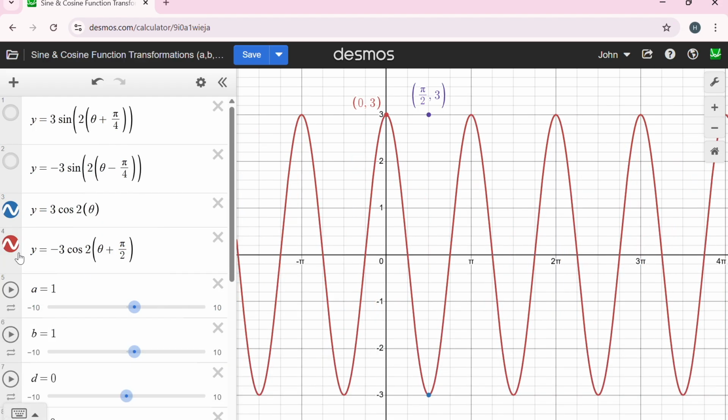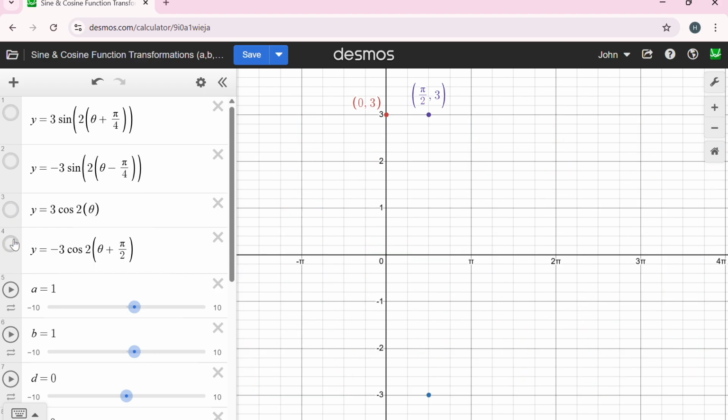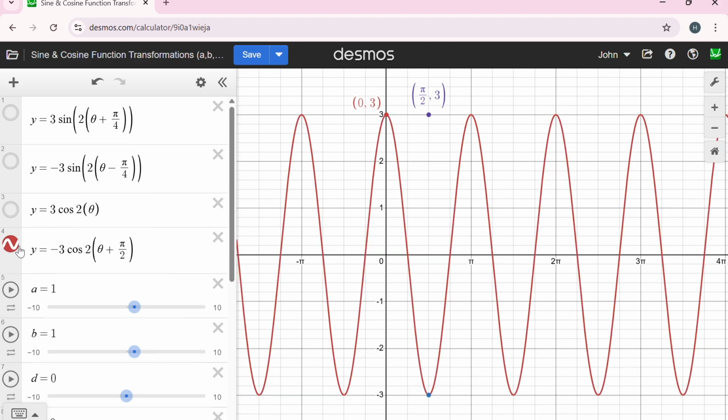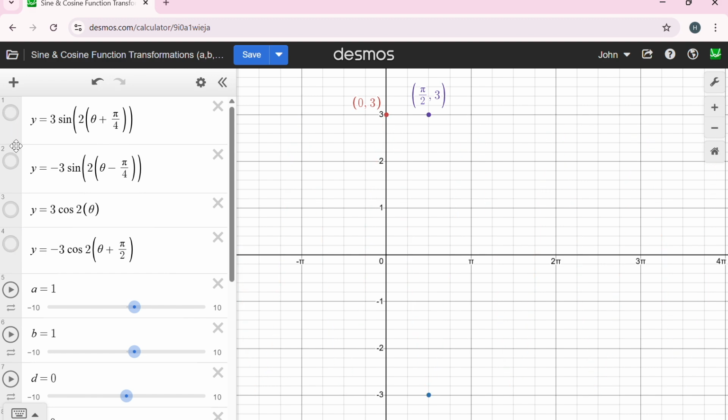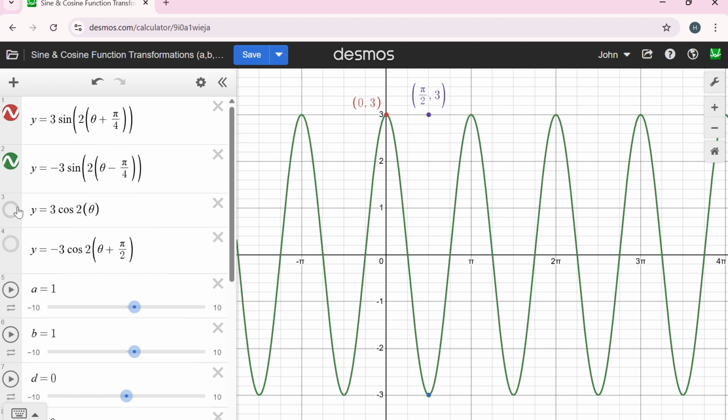Okay, so there it is. If I do the red, that's the latest one. I had to phase shift it by pi over 2 to the left, or you can do it to the right. There's the original, and you can see that all the graphs line up. Okay, so there's 1, 2, 3, and then the fourth one.